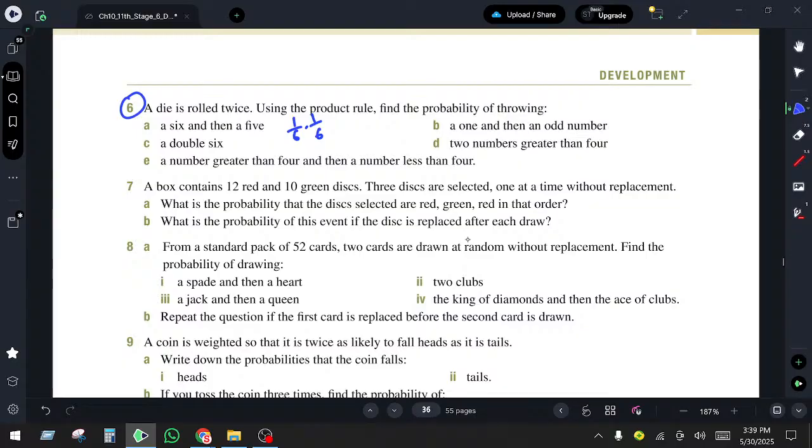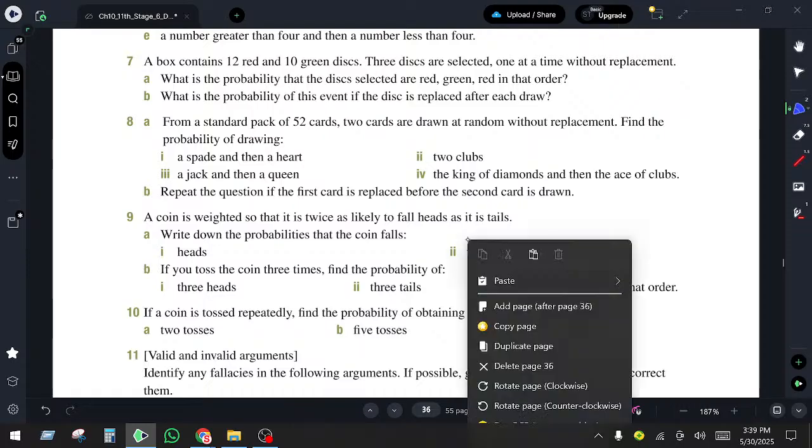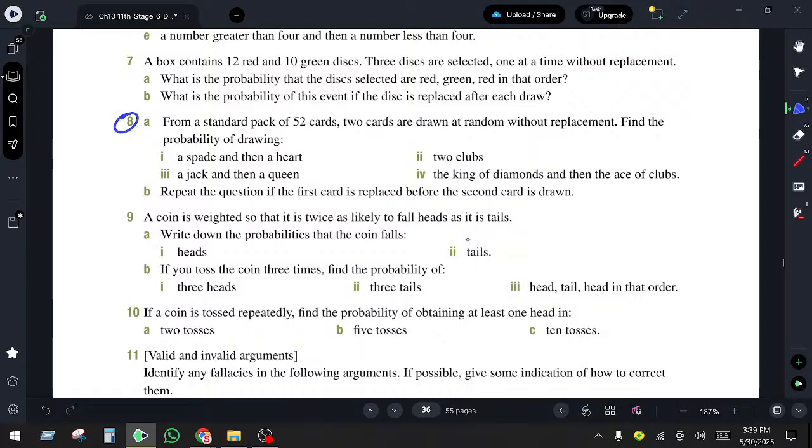Similarly, same thing. Let's come to this deck of cards. From a standard pack of 52 cards, 2 cards are drawn at random without replacement. Find the probability of drawing a spade and then a heart.